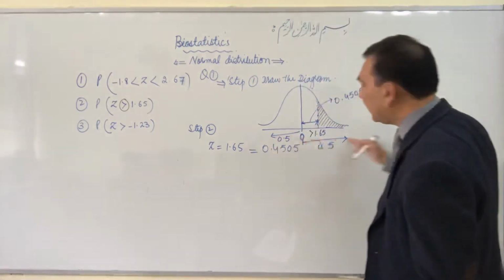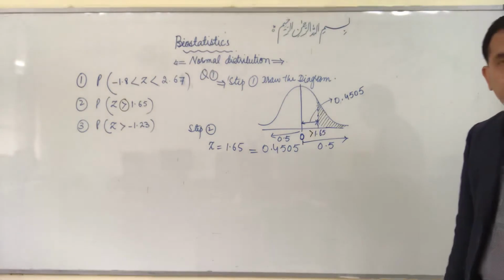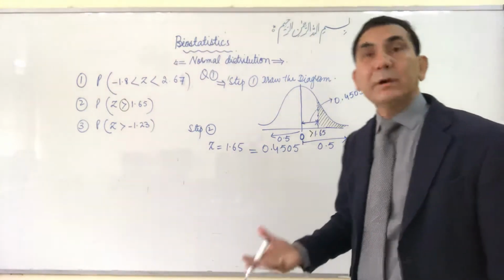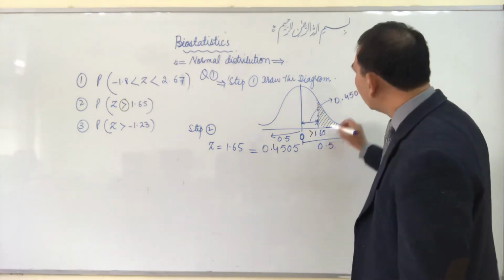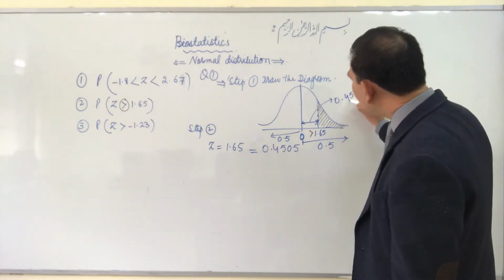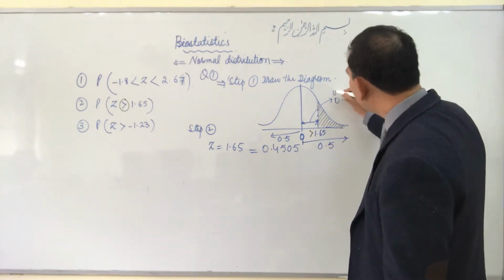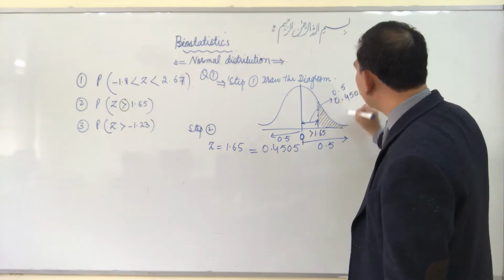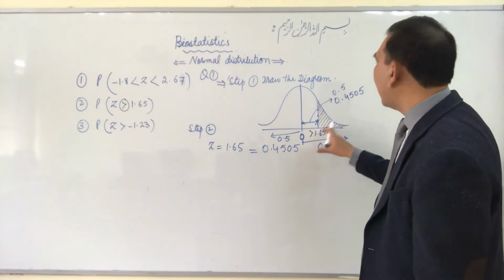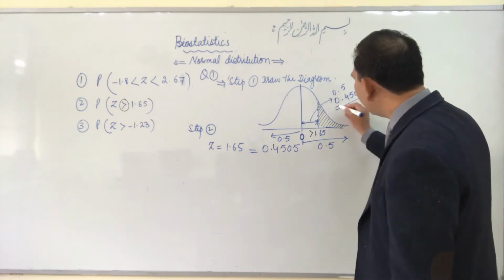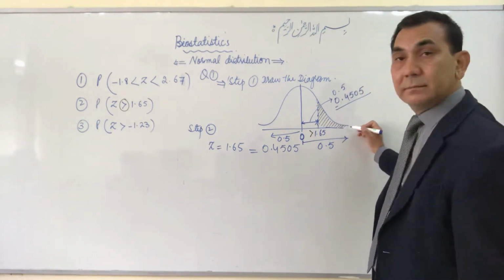The total probability is 1. So we will subtract this value, which is from 0 to 1.65, from 0.5. Then we will find this area.